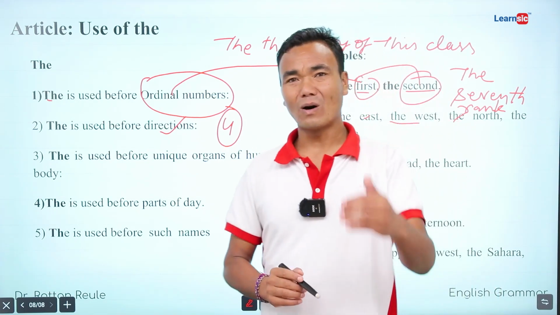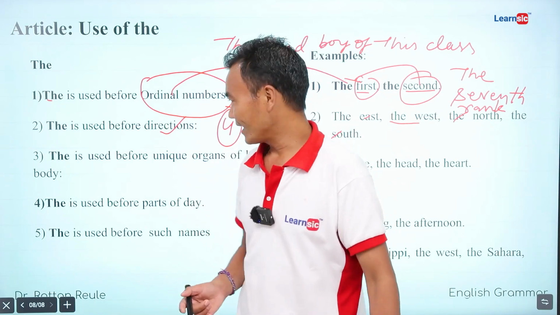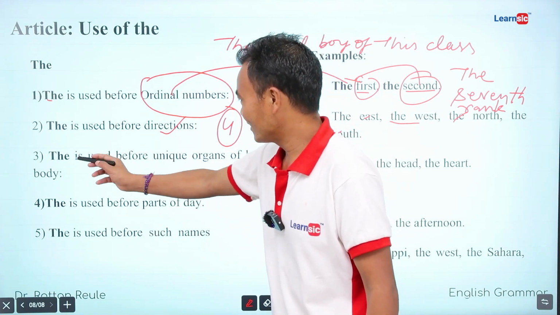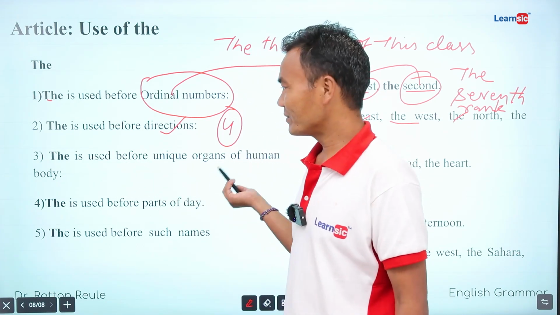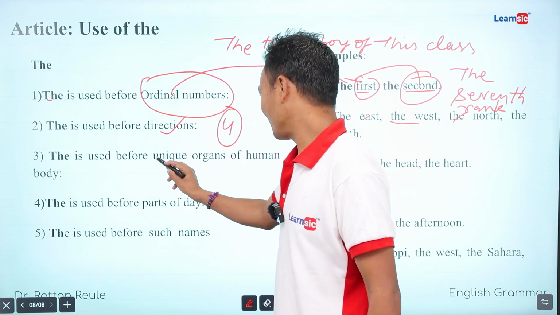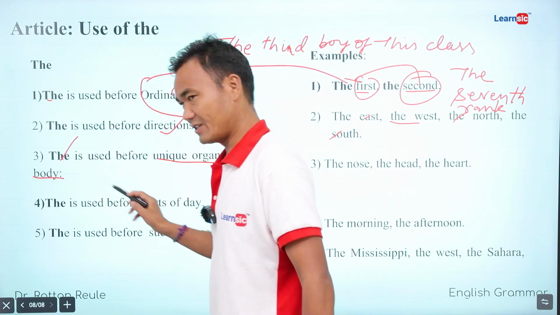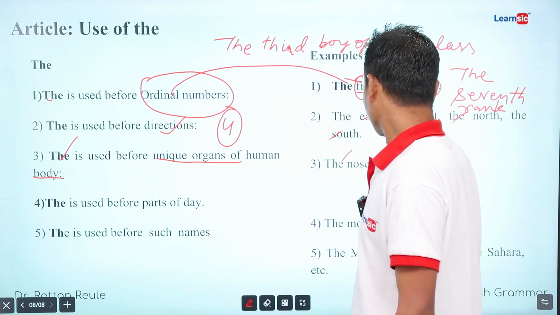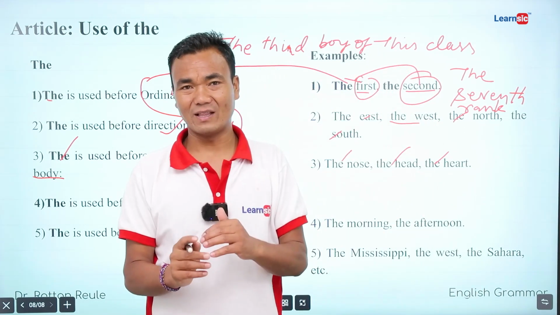So before all four directions we can use the article. And look at the third one: the is used before a unique organ of the human body, like the nose, the head, the heart, the heart surgery and all that.